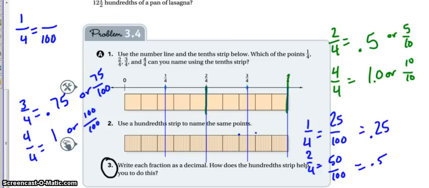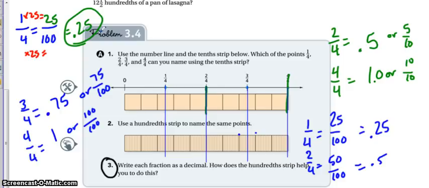So what I'm doing here is I'm saying, okay, 4 times what equals 100? Well, 4 times 25 equals 100. So for my numerator, I would multiply it by 25, and I wind up with 25 hundredths right here, and then I can make my decimal from that as 0.25.